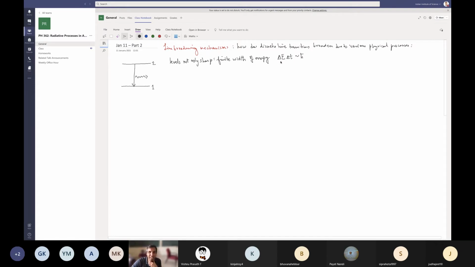Here delta E is the energy uncertainty in the energy of the level, and delta T is the lifetime of an electron in that level.